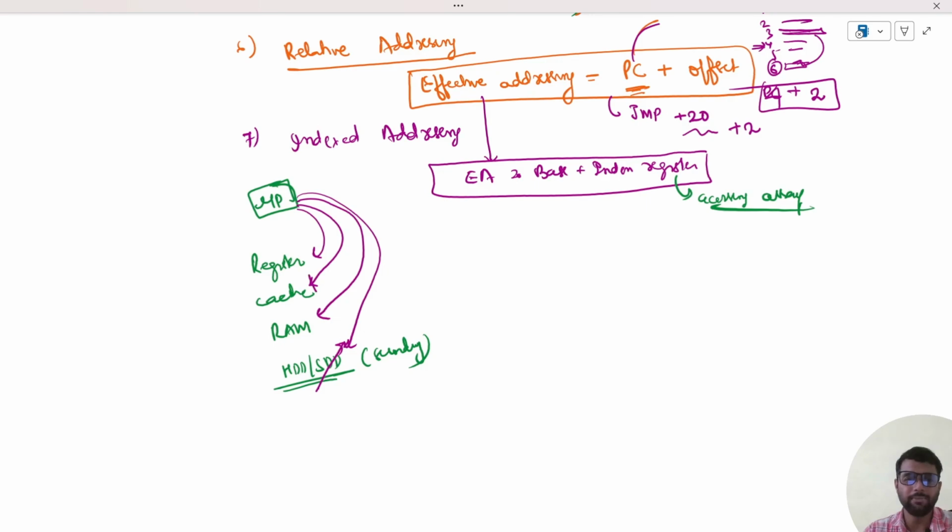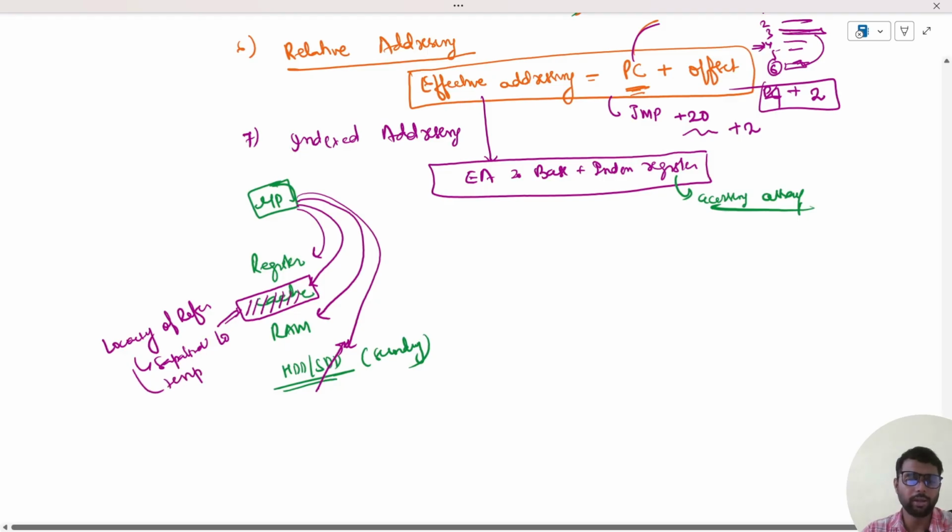90 to 99% of the time, the data that is required is available in the cache, and if it is not available, it is made available. So first of all, the microprocessor will check the cache, and here comes the cache replacement technique, which is based on the locality of reference, where we talk about spatial locality and temporal locality.